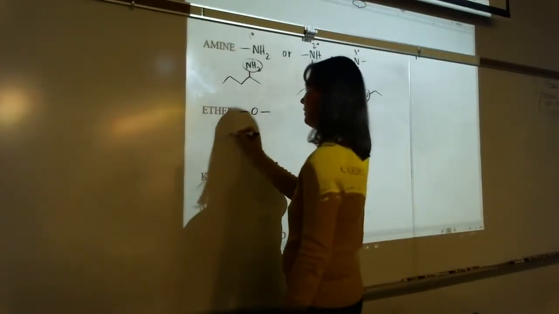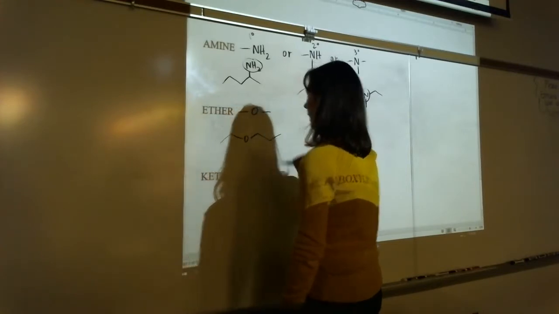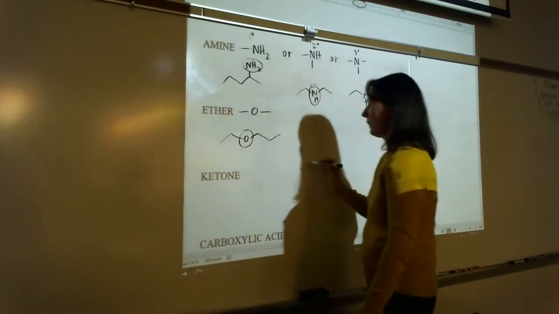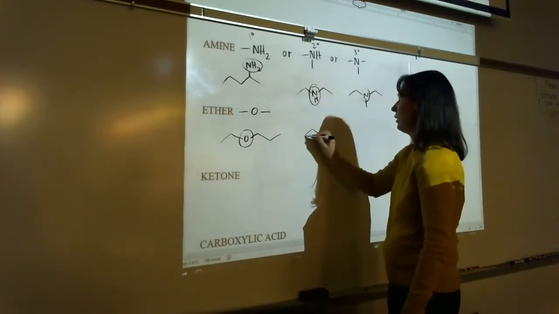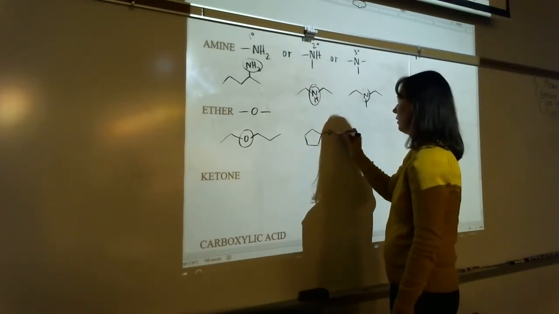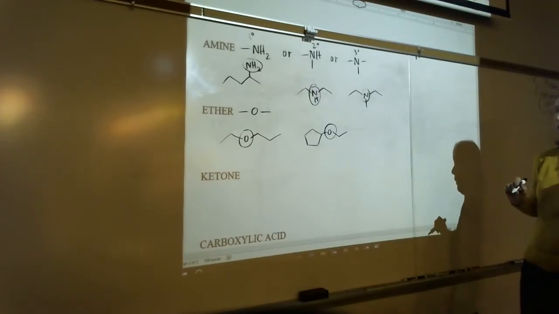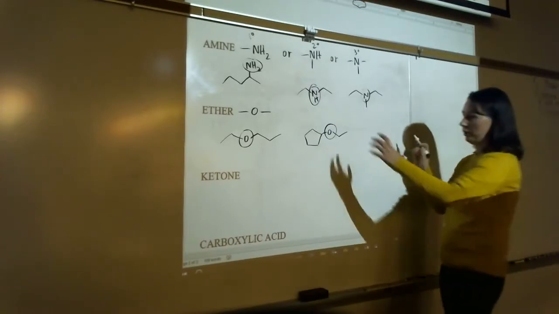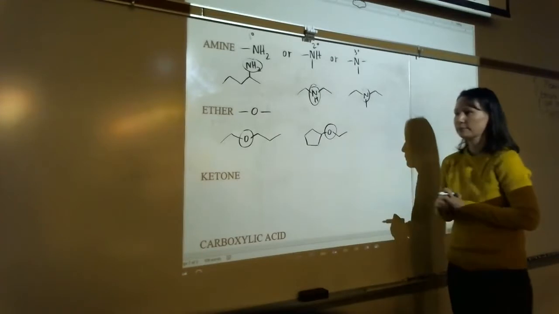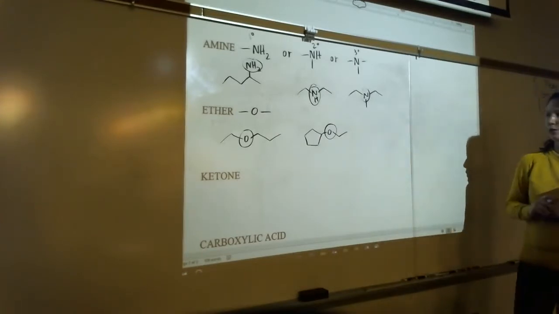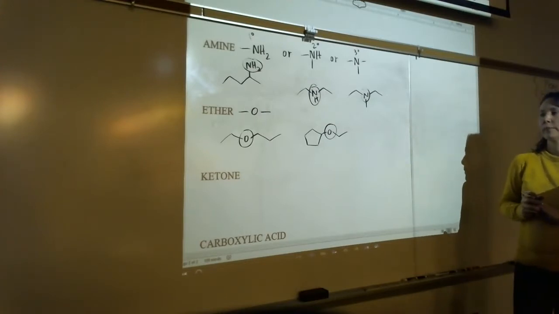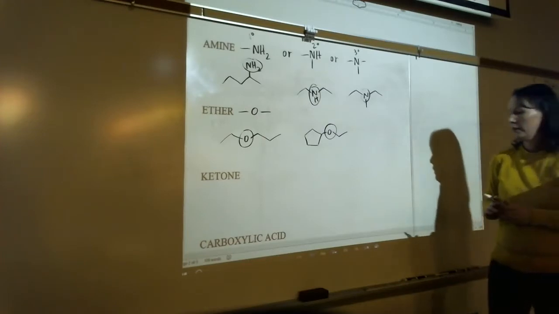So if you had this, that would be an ether. You could have, that would be an ether. So you could have any combination of something on the left, something on the right. Okay, that's what an ether is. Everybody good on ether? All right.